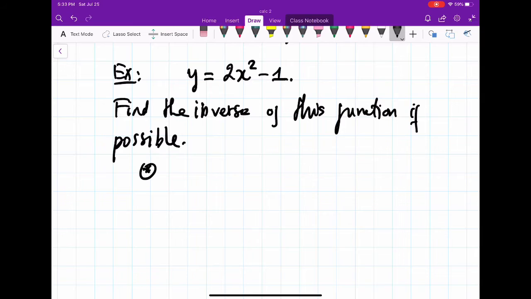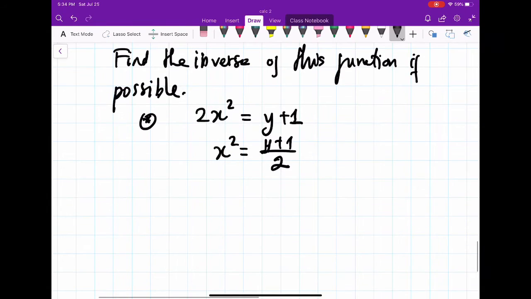Okay, let's do this. I have 2x squared equal to y plus 1. From here, I get x squared equal to (y plus 1) over 2. And when you apply the square root, you get the square root of x squared equal to the square root of (y plus 1) over 2.